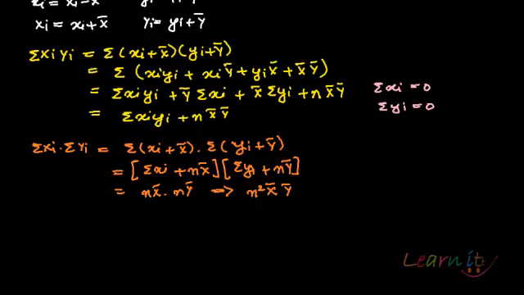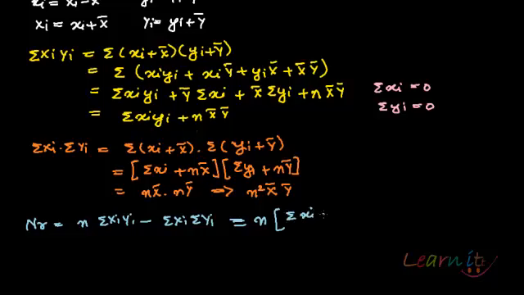Now your numerator is n into summation XiYi minus summation Xi into summation Yi. This is your numerator. Now go on substituting it. n into summation of XiYi is this, summation xiyi plus nX bar Y bar, minus n square X bar Y bar.